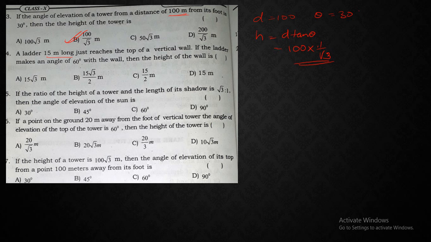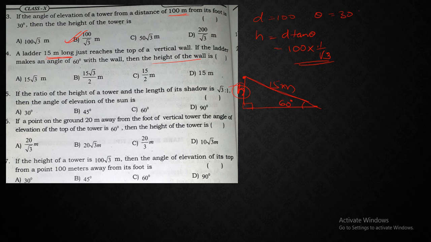Next, if a ladder is 15 meters long. In this type of question, when a ladder question comes, you need to go with sine or cos. The ladder is always kept slantly, that means it is the hypotenuse, touching the top of the wall. If the ladder makes an angle of 60 degrees, then the height of the wall is what you need.